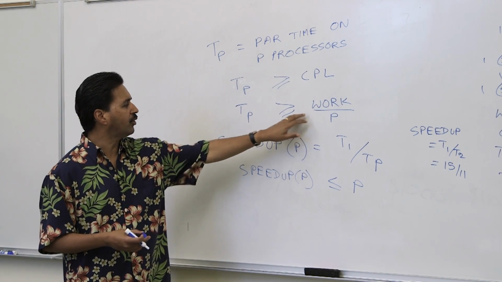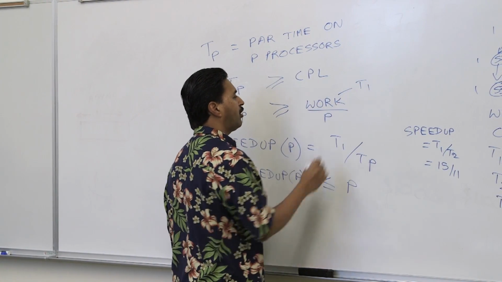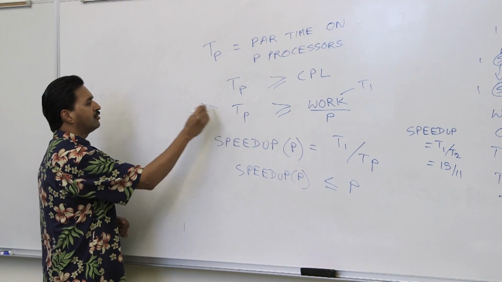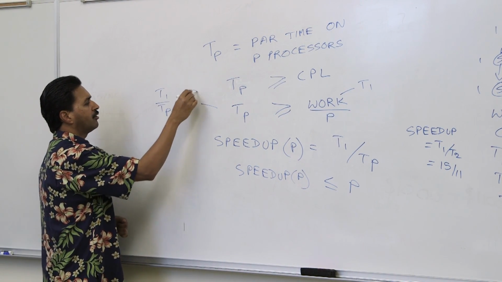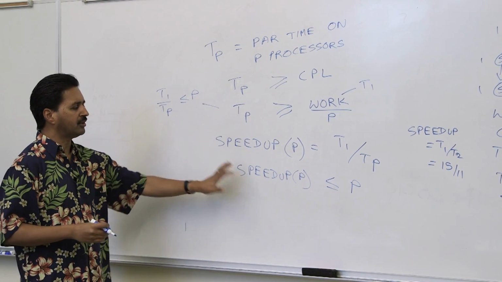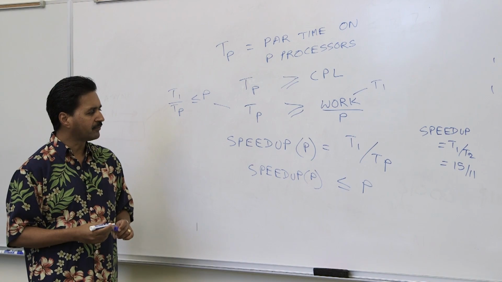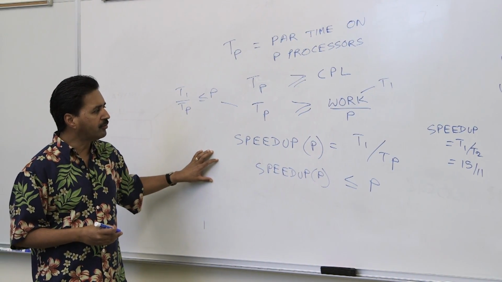Analytically, work is the same as the time required on one processor. So from here we can see that T1 divided by Tp must be less than or equal to p, if you just work this out, and that tells you that the speed up must be less than or equal to p.